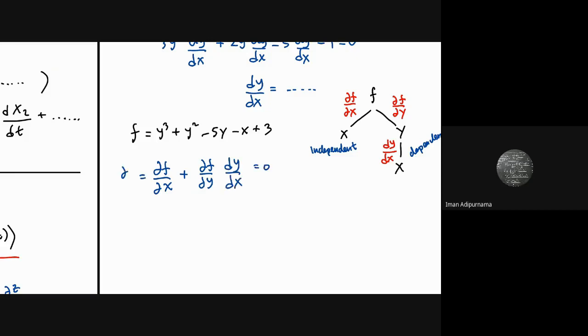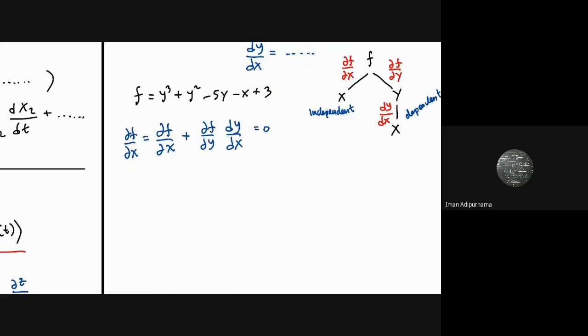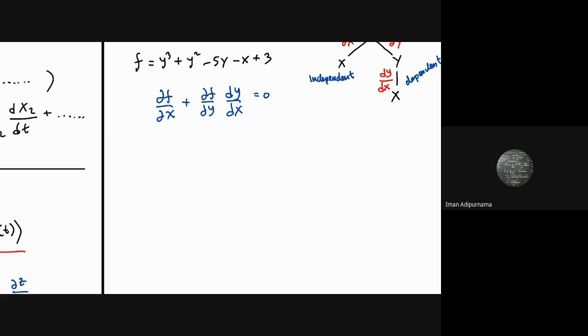If we want to differentiate with respect to x, I don't need to write this, because I already made it 0 here. And then we can isolate dy dx.